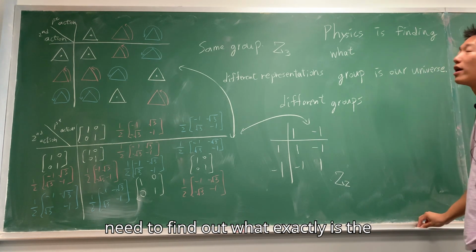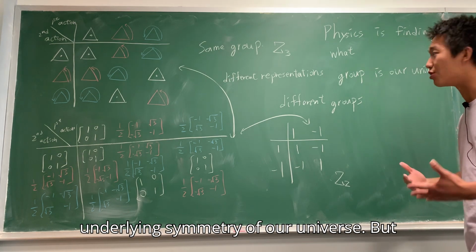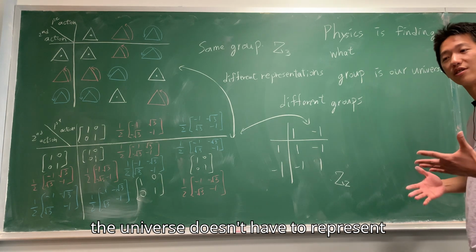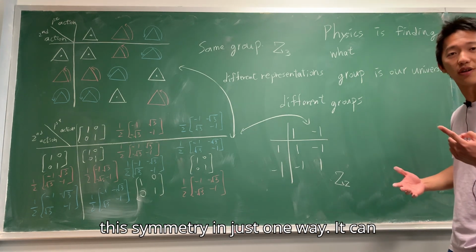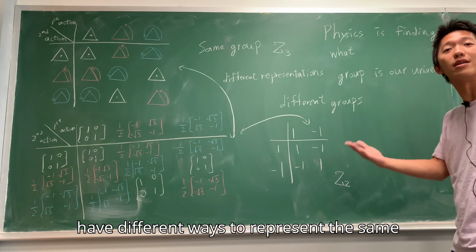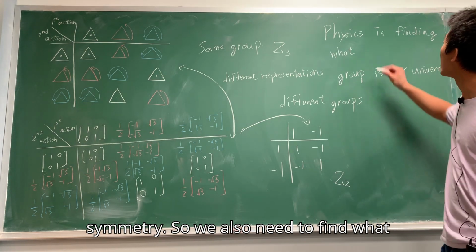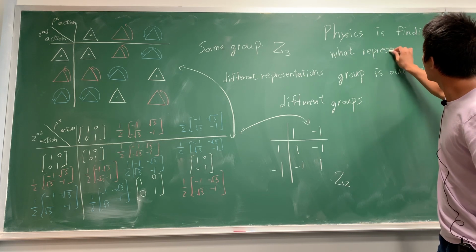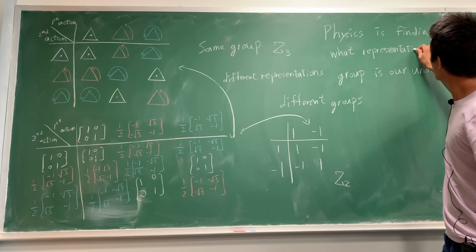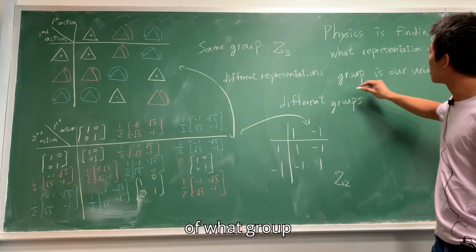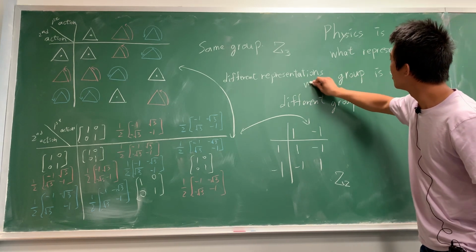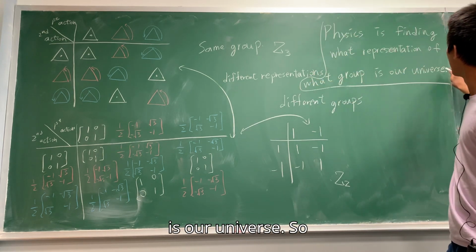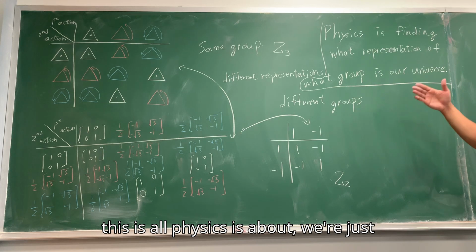We need to find out what exactly is the underlying symmetry of our universe, but the universe doesn't have to represent this symmetry in just one way. It can have different ways to represent the same symmetry. So we also need to find what representation of what group is our universe. So this is all physics is about.